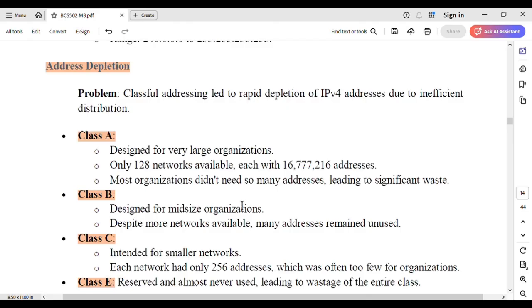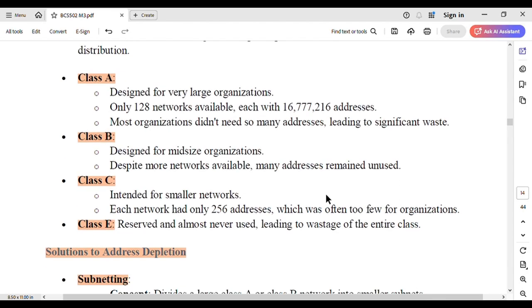Most organizations didn't need so many addresses, leading to significant waste. Class B is designed for mid-sized organizations; despite more networks being available, many addresses remain unused. Class C is intended for smaller networks. Each network had only 256 addresses, which was often too few for organizations. Class E was almost never used, leading to the wastage of an entire class.